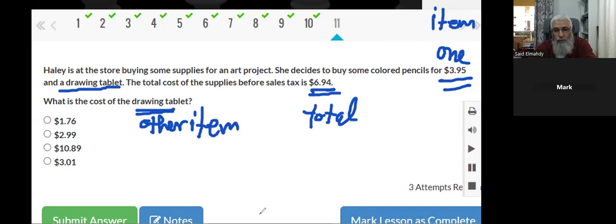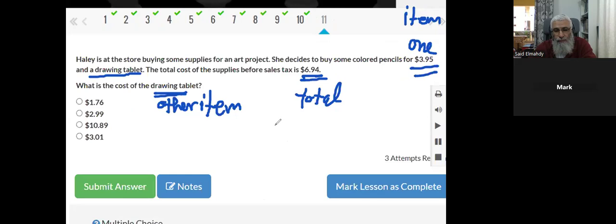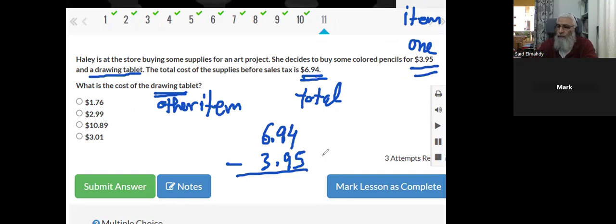So subtract what number minus what number? $6.94 minus 3.95. Okay, 4 minus 5 we can't, so 14 minus 5 is 9.